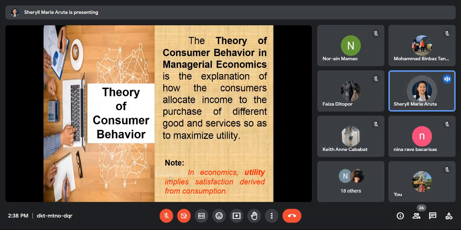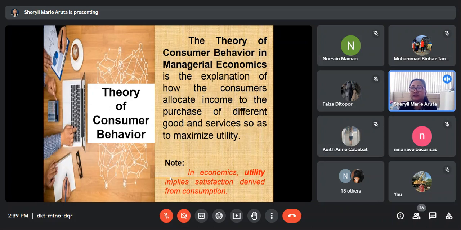So technically, kung mag-ingon ta og consumer behavior in managerial economics, we have to understand the concept in a manner nga ang consumer has to allocate the income. We have to bear in mind that as businesses, we have to consider the available income of the consumers because that is the means on how they're going to purchase the goods and services available.